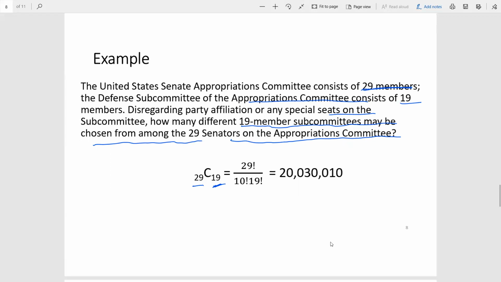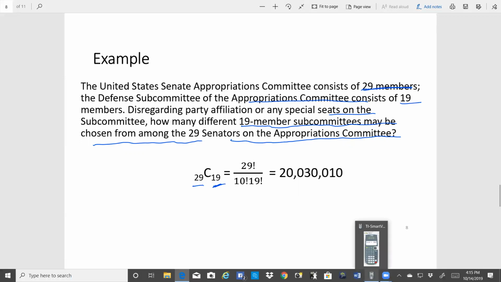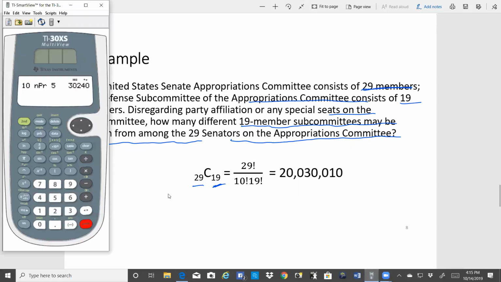I'm going to bring up the calculator here. And clear it out. We want to do combinations, so we want to do 29, hit probability, and here we want to pick the combinations choice, number 2.